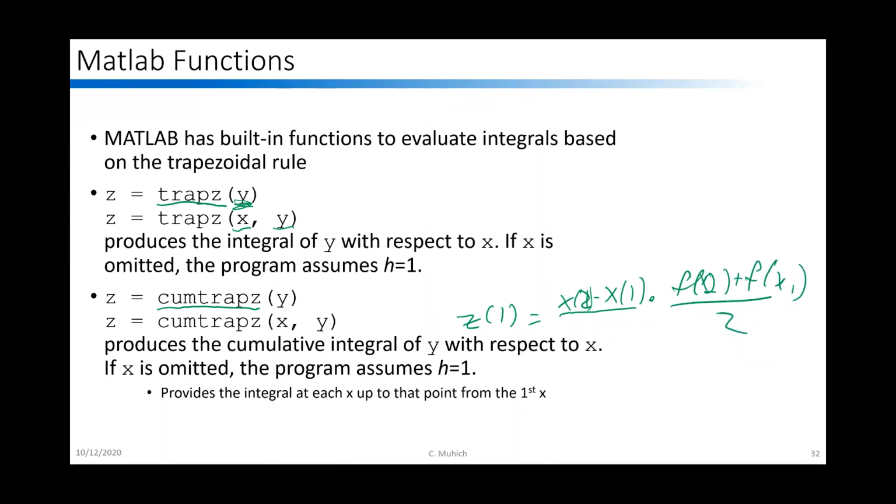So it'll add up each additional piece. So then z2 would be z1 plus x3 minus x2 times f2 plus f3 over 2. And then carry this on and on and on. This is important if you want to look at how much of a reaction has completed as you go through time.